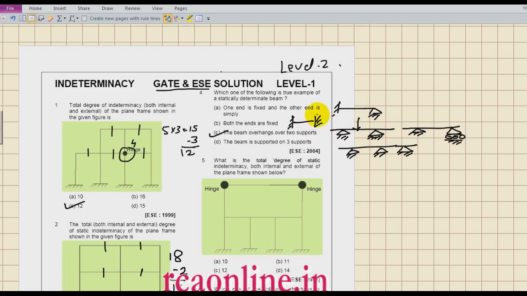So it is understood. You have to give a little benefit of the doubt to the examiner about what he wants to ask. So just understand the intent here, that overhang over 2 supports is the most appropriate answer.